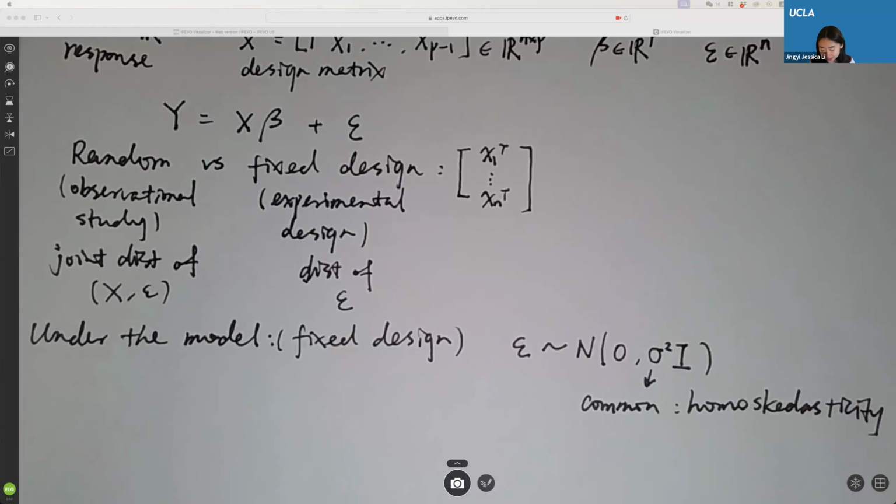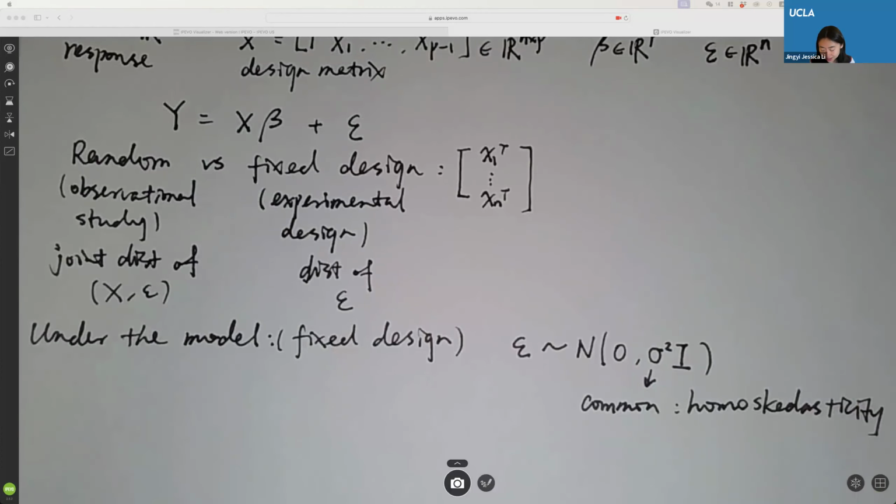If you are a little curious what happens under a random design, that is a good question, because in this case we can leverage something called the law of total variance. For fixed design we're good because X transpose X inverse is fixed. But just for information, if you are interested in random design, you can consider this decomposition for the variance of beta hat.